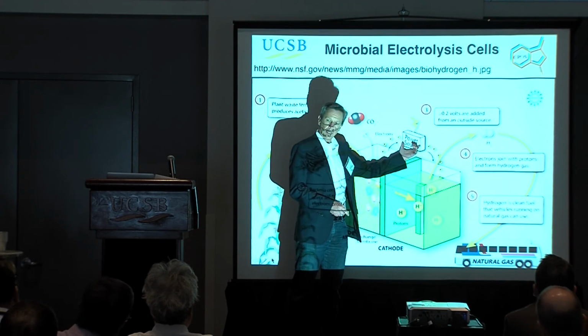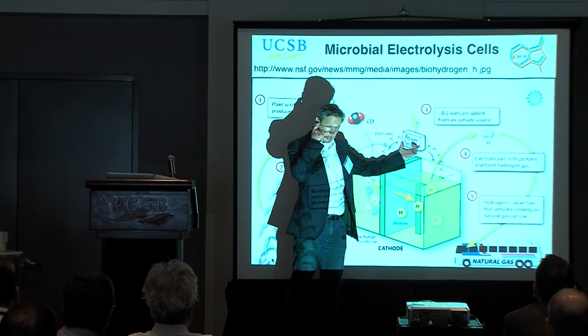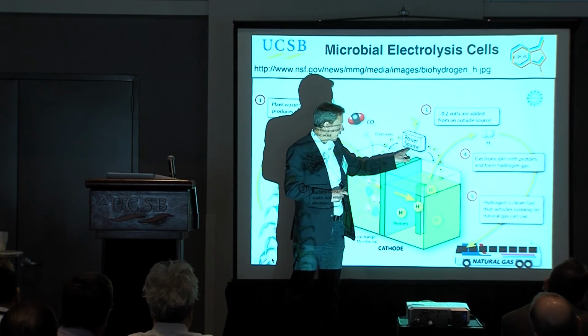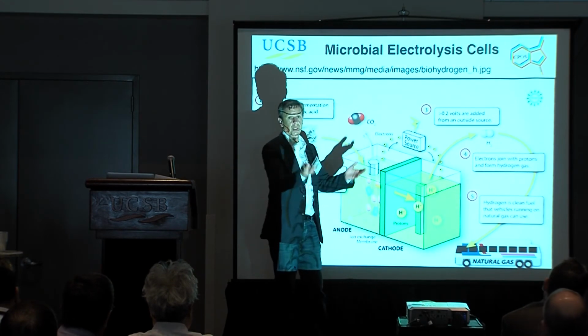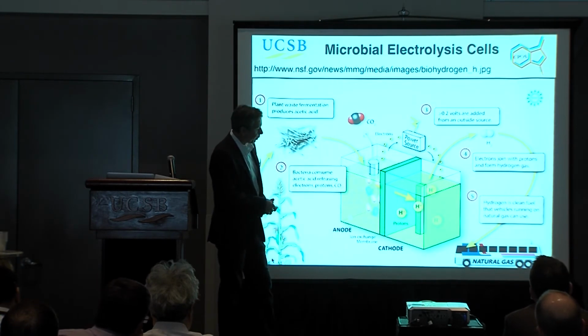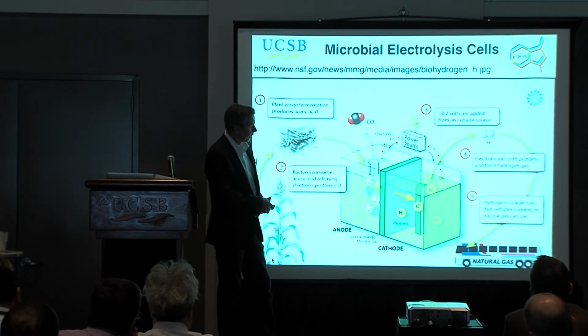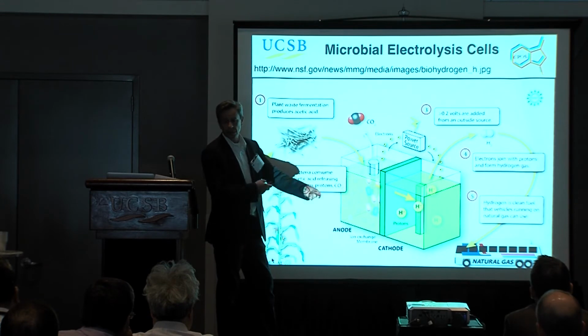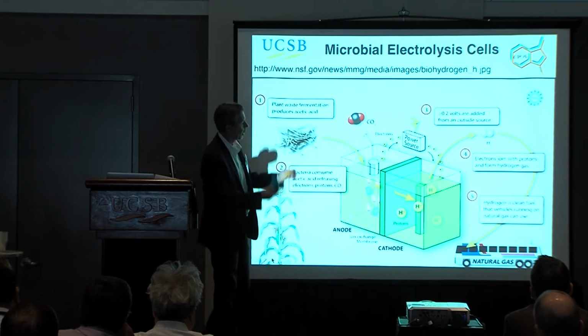And you want to add about 0.2 volts additional bias by using an external source. Could be, for example, a solar cell. And under those conditions, those protons that were migrating over to this side can actually be reduced and generate hydrogen. So instead of just simply collecting the current, we convert it into a fuel, hydrogen.